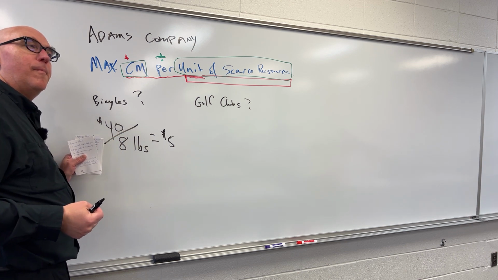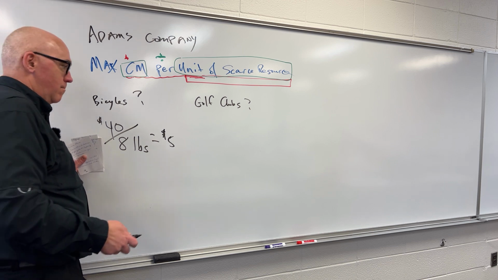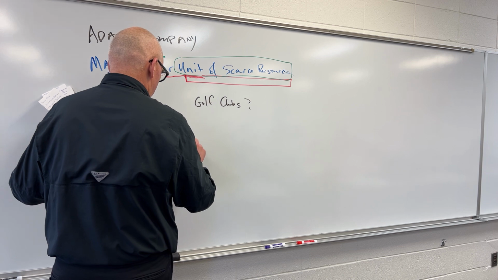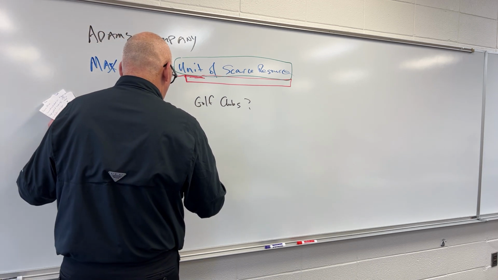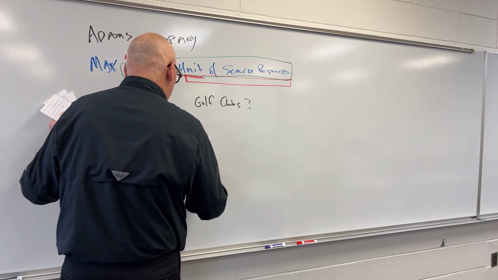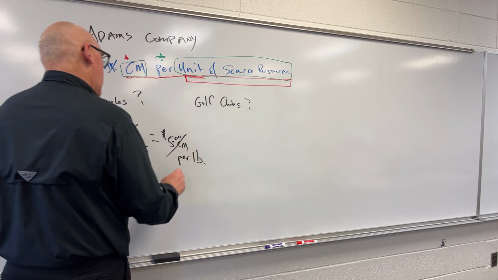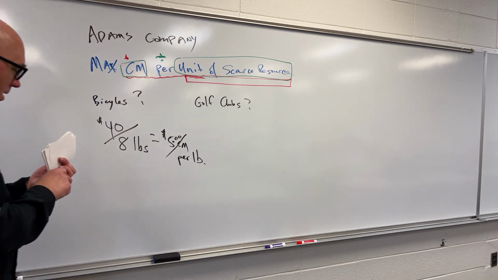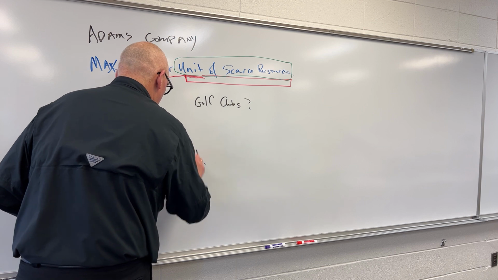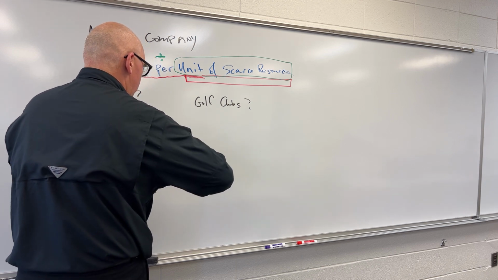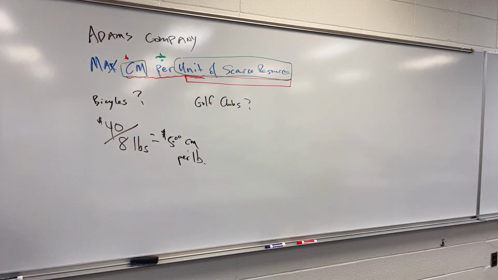Is that how much the contribution margin is for each pound? That is exactly what it is. Okay, contribution margin per pound. That is $5, although I don't want you to feel like that's a division, because it's not. It's $5 contribution margin per pound of titanium. That's exactly what that is.